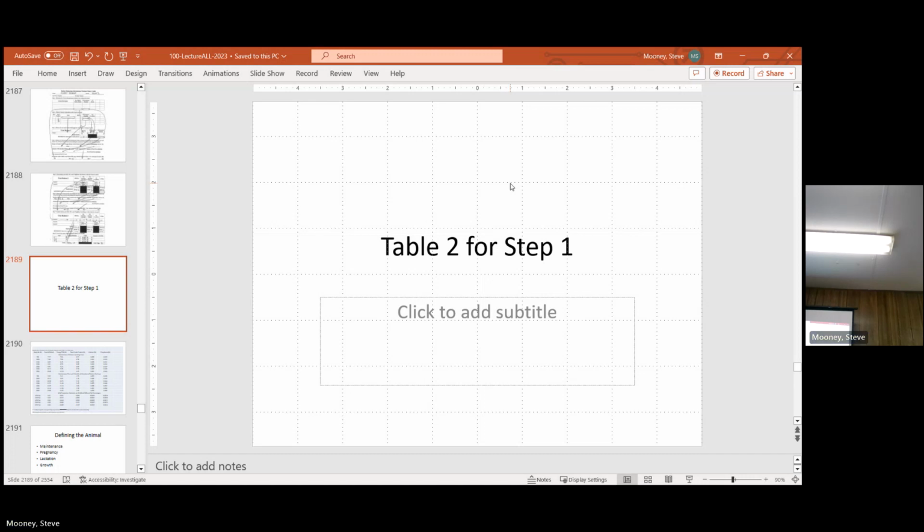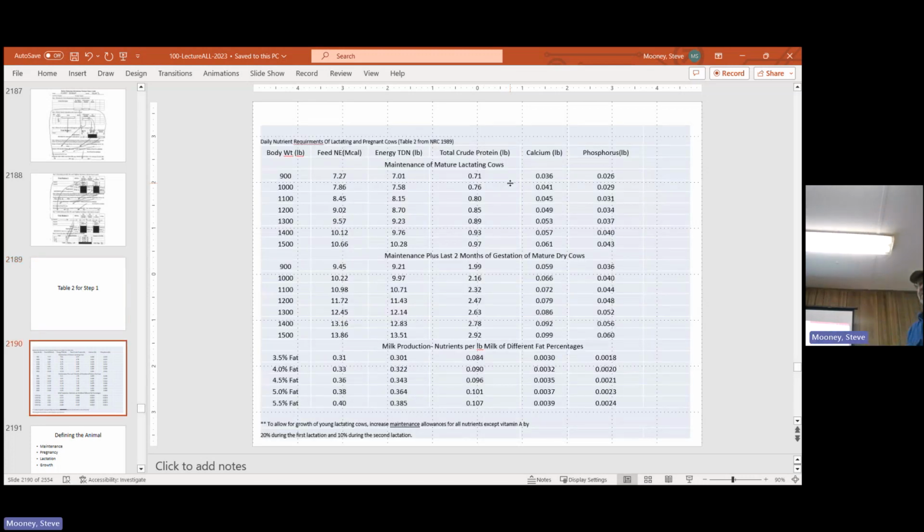So on one sheet of paper, we have all the information that we can use for our substitution ration balancing. So daily nutrient requirements for lactating and pregnant cows, i.e. table 2 from the NRC.